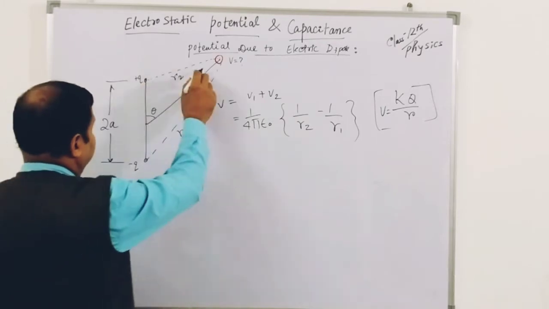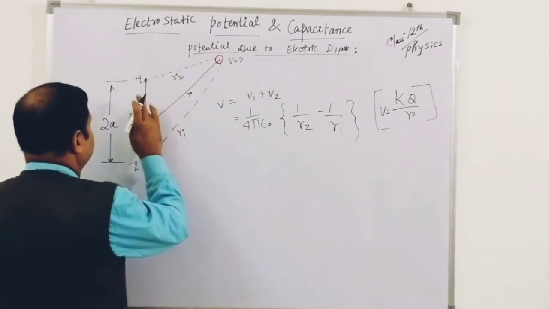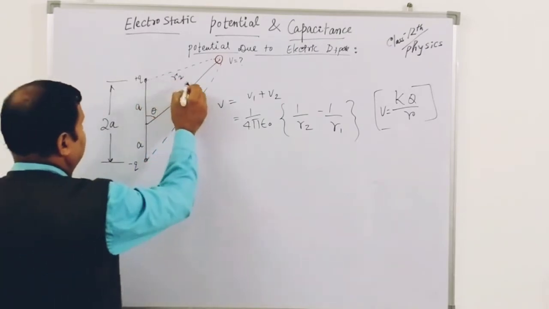Now if you consider the bigger triangle here, this is a and this is also a. What will be r2 in terms of r?